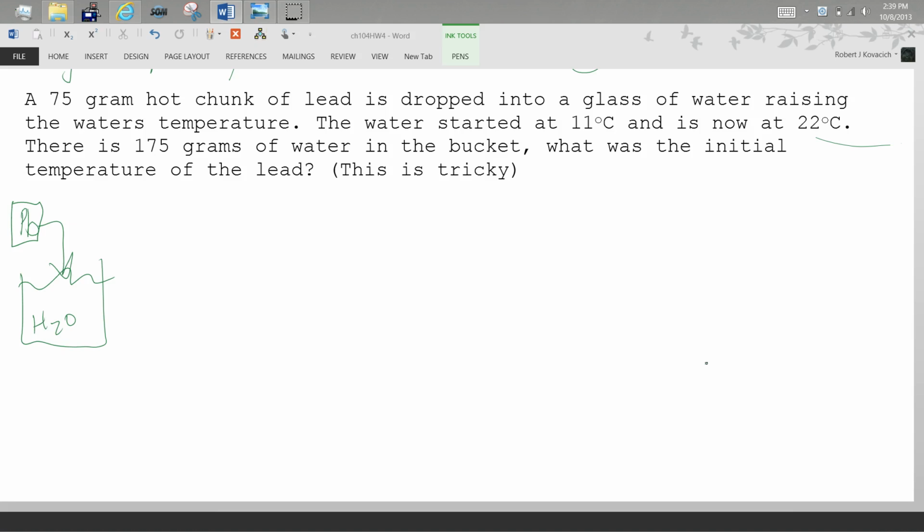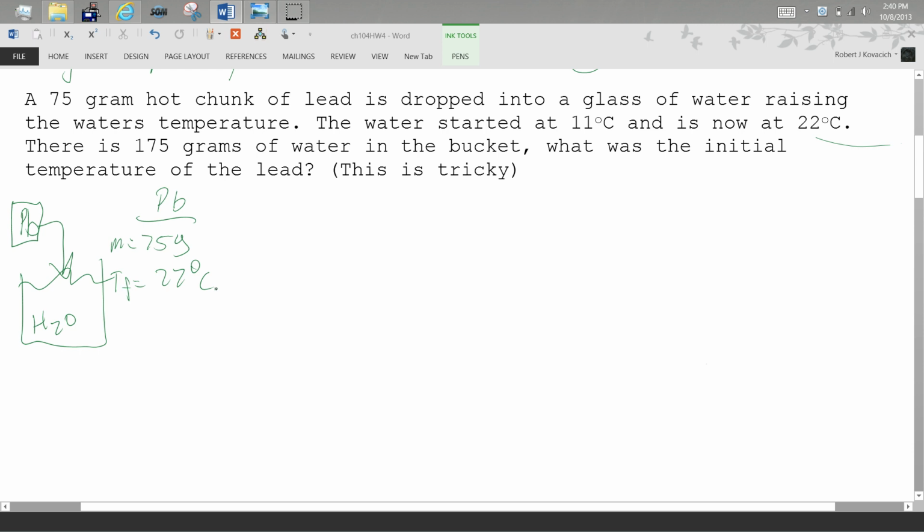So we know lots more information than we think we know when we start this problem. If I was you guys, I would probably do something like the lead is here, and I know the lead is 75 grams. That's my mass, and I know the temperature final of the lead is 22 degrees Celsius. We okay with me saying that?